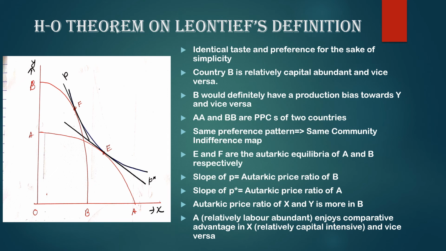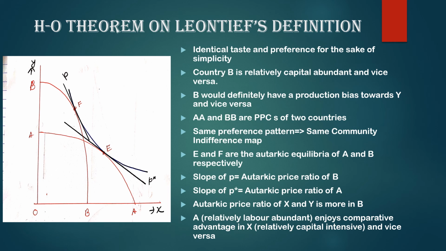Similarly, now let us consider country B. Country B's autarkic equilibrium is point F, where the PPC is tangent to the CIC. So BB is the autarkic consumption possibility locus of country B, and this is the CIC.